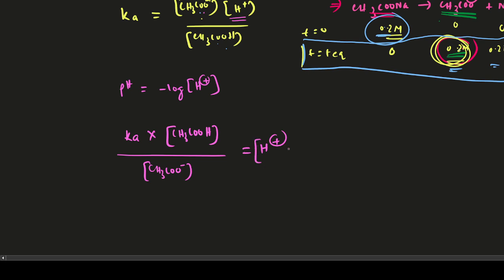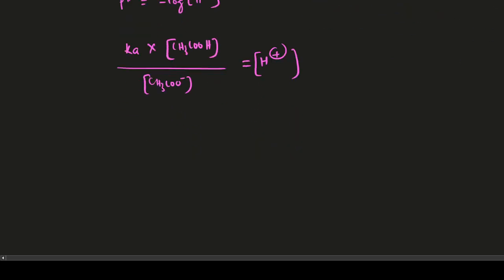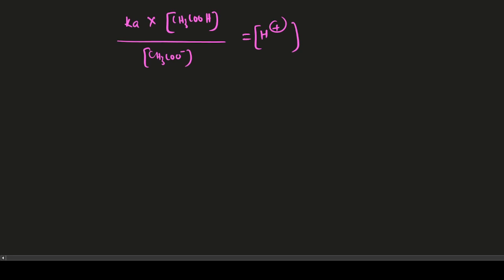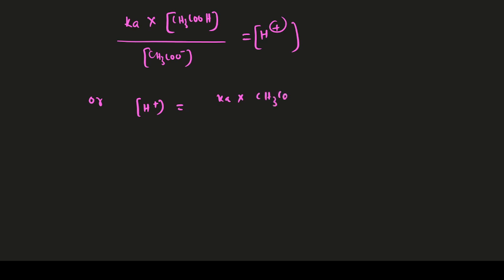Okay, or I can say the H plus concentration equals Ka times CH3COOH divided by CH3COO minus.